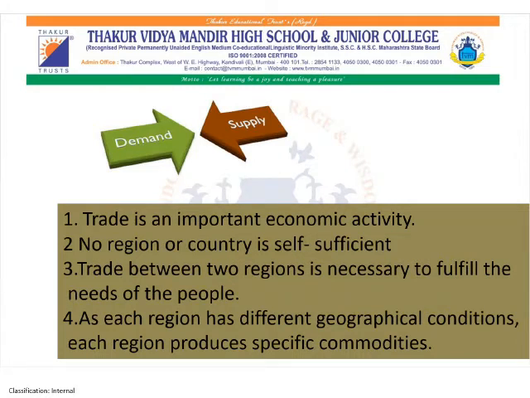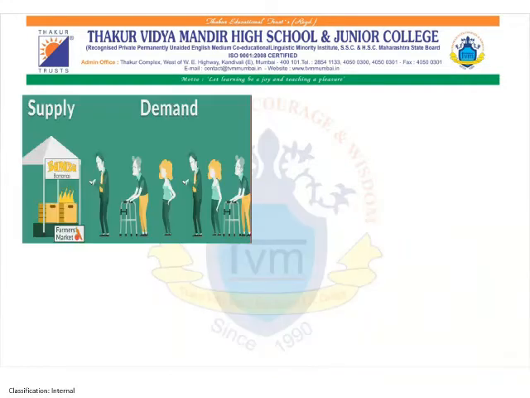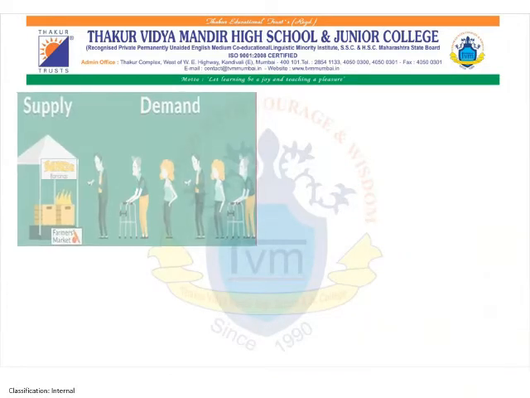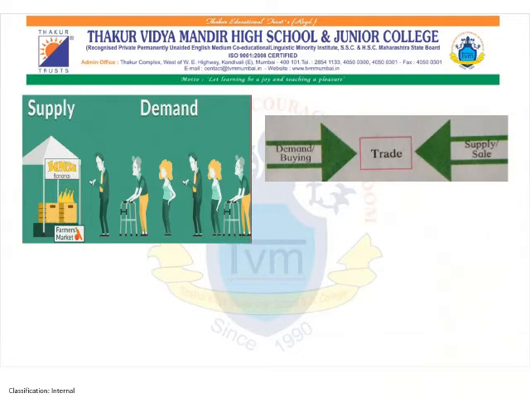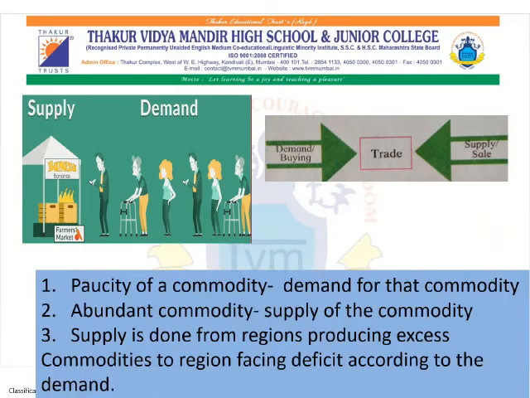As each region has different geographical conditions, each region produces specific commodities. Now, if there is a paucity of a commodity, then there is a demand for that commodity. The place where it is abundant provides the supply of the commodity.